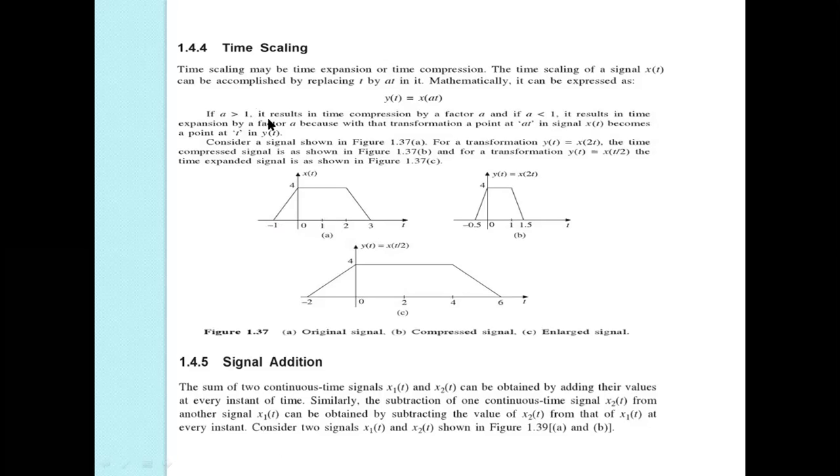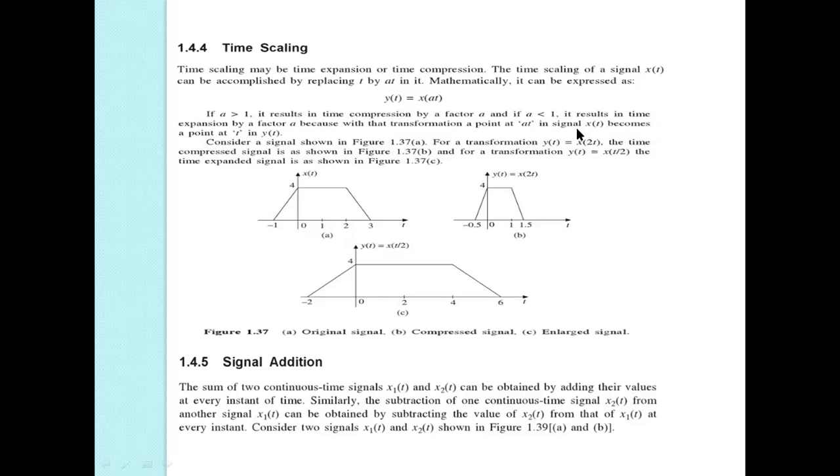If A is greater than 1, it results in time compression by a factor of A. If A is less than 1, the result is time expanded by a factor of A, because with that transformation, a point at t in the signal x of t becomes a point at t in y of t.